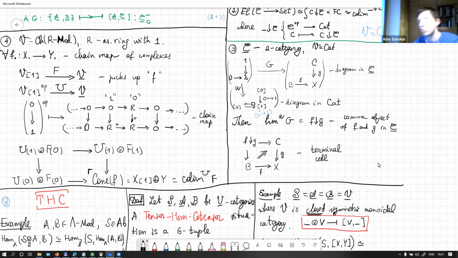I want also to emphasize that everything here is enriched. You cannot pick up something from an ordinary category and map it to the enriched category. I mean, you can in general, but will it work? I won't guarantee.